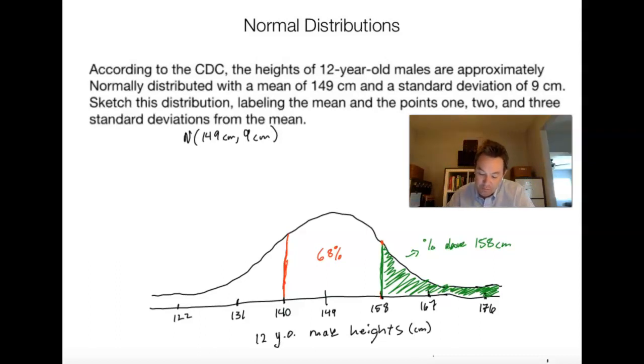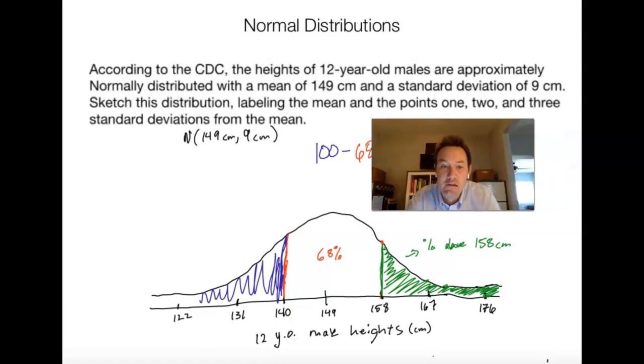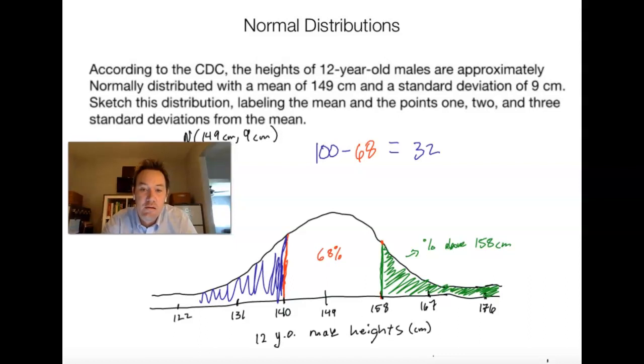So both tails together are going to then have to represent 100 minus that 68. Great, that's 32. So I know that both tails together have 32% of the data, but I only want the tail that's above 158.